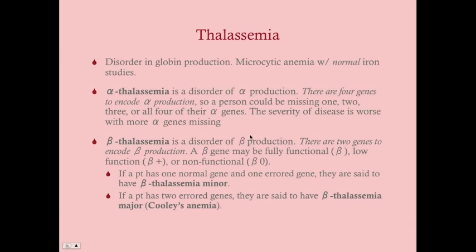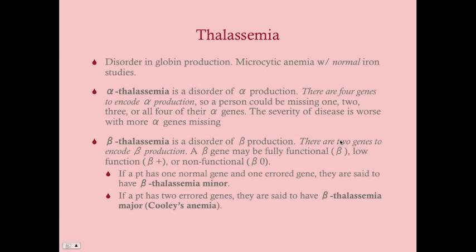Beta thalassemia is a disorder of beta production, and there are only 2 genes to encode beta production. Now, a beta gene can be fully functional, and that's described as just beta. It can have low function, and that's described as beta plus, and non-functional, which is described as beta 0.